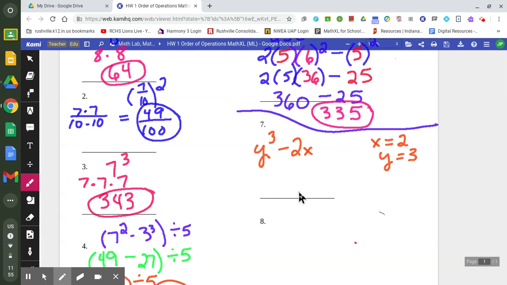So number 7, I've got y cubed minus 2x. So instead of putting the y, I will be putting the 3. And the 2 stays, but instead of that x, I will be putting a 2.